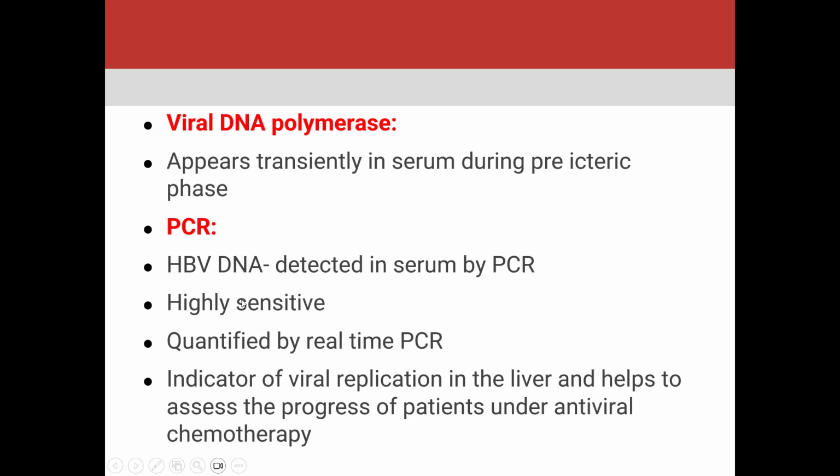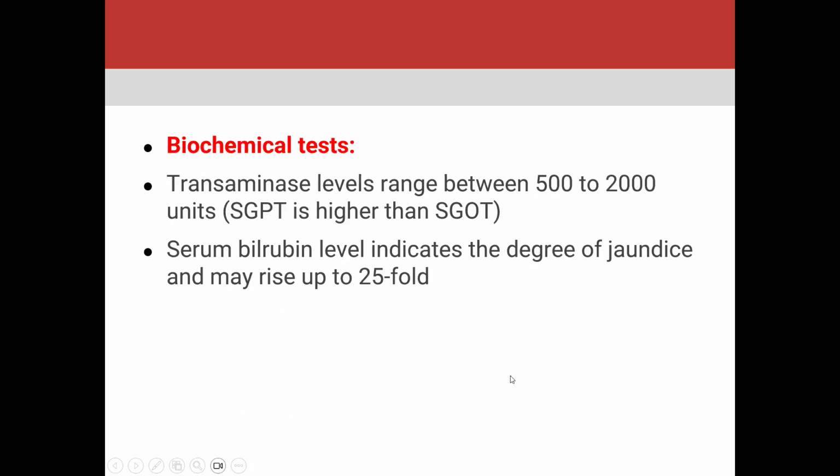HBV DNA is quantified by real-time PCR, and it is an indicator of viral replication in the liver and helps to assess the progress of the patient. Whenever we give antiviral chemotherapy, based upon this HBV DNA level, we can assess the prognosis of the infection.